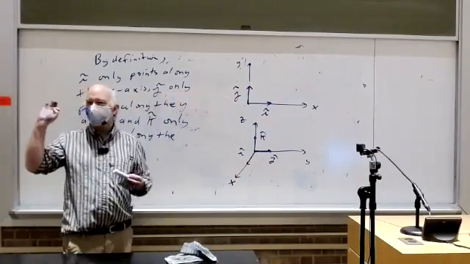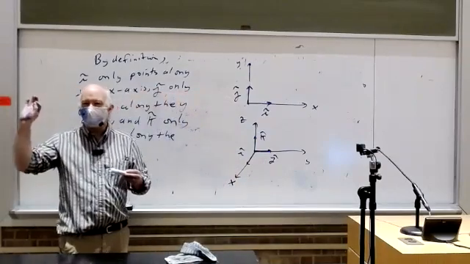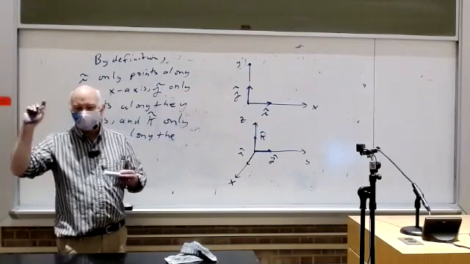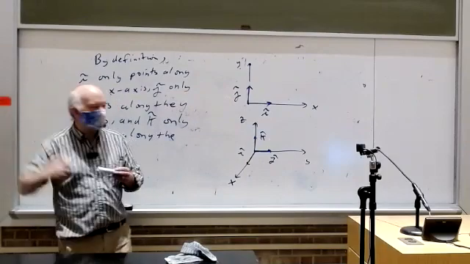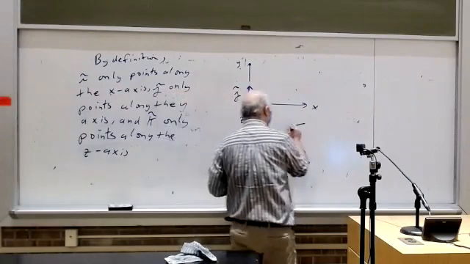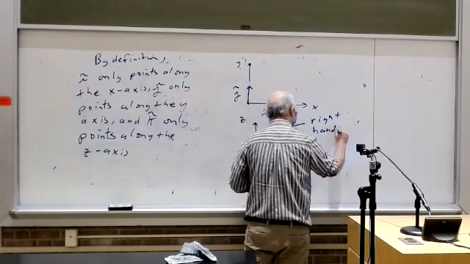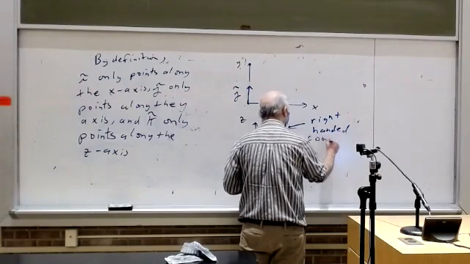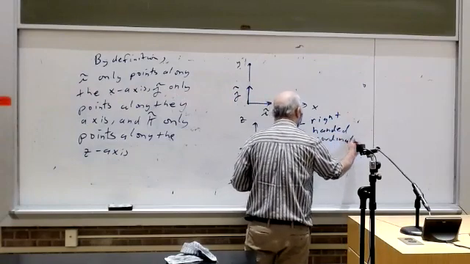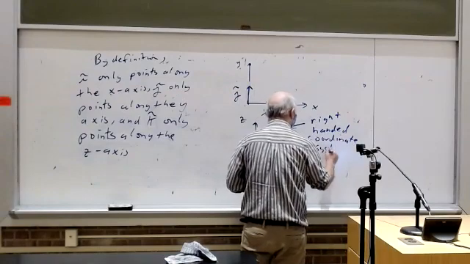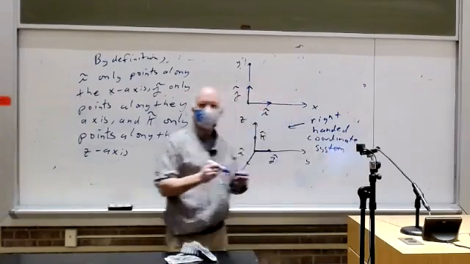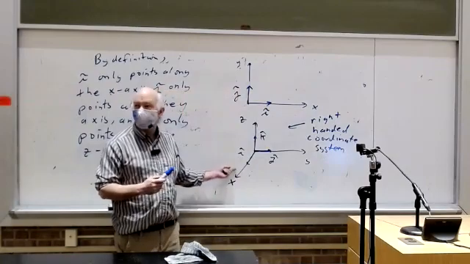Okay, the next point is kind of subtle, and don't worry a whole lot about it, but it's one of those points to stick in your head at some point. This coordinate system is called a right-handed coordinate system. A right-handed coordinate system is anything that looks like this or a proper rotation.